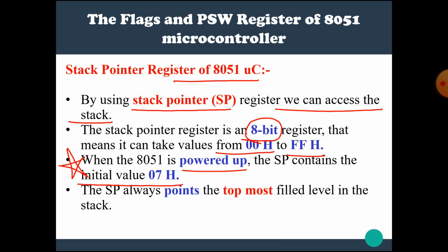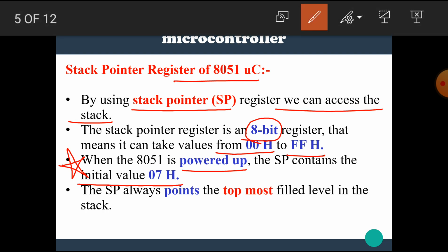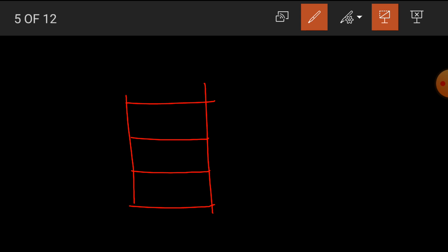And the most important thing about the stack is that the stack pointer always points to the topmost filled position in the stack. This is the cross section of the stack. Consider that A is stored here, B is stored here, C is stored here, and this is the empty position.